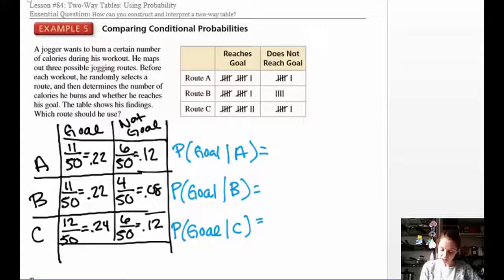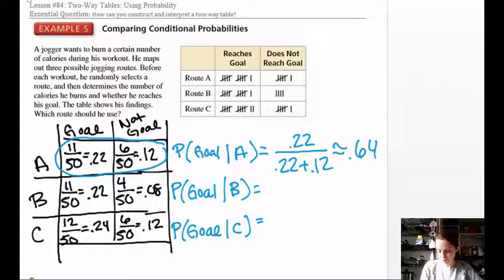Okay, so given that he was running route A, which happened 0.22 plus 0.12 of the time, he met his goal 0.22, which is approximately 0.647.